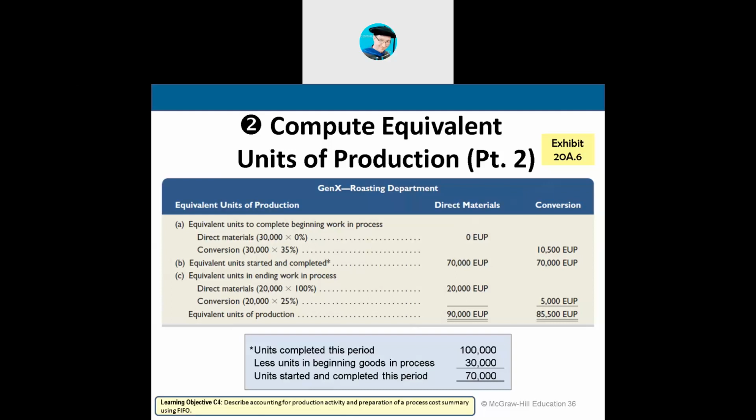For conversion, units converted are 10,500 plus our 70,000 equivalent units started and completed during April, plus our converted units at the end of the accounting period, 5,000 in this example, 25% of 20,000. Giving us conversion equivalent units of production of 85,500.